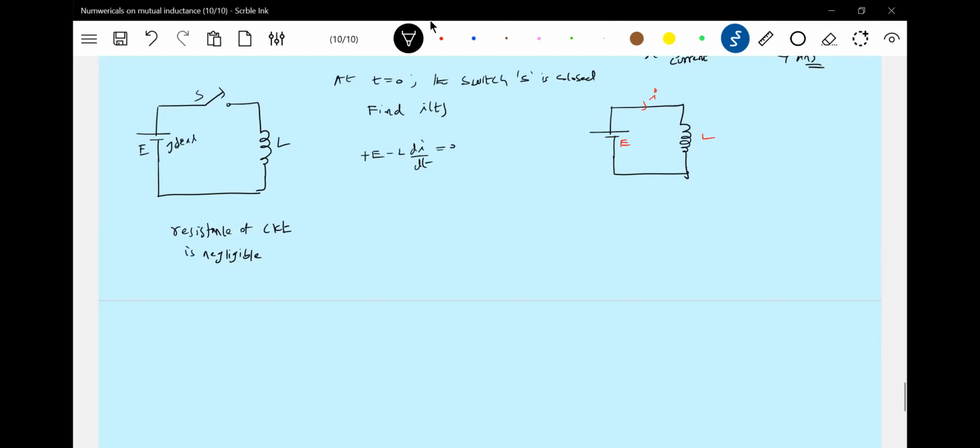That's the only equation we can write. If there were any resistor, I would have brought in that IR drop. There's no resistor, so no IR drop here. So this will become E equal to L di by dt. Look at the current now. It will increase linearly.